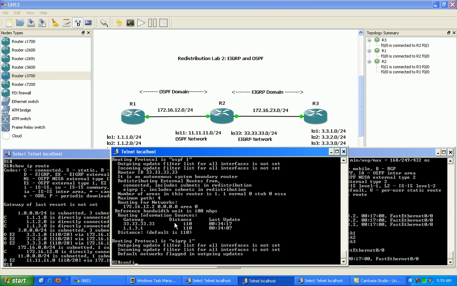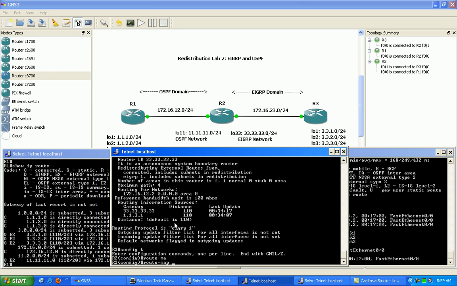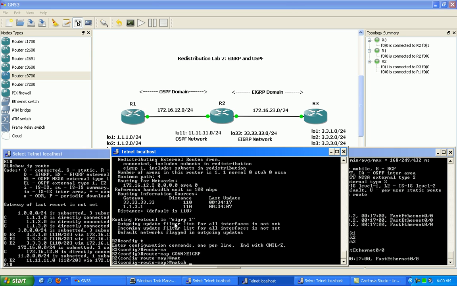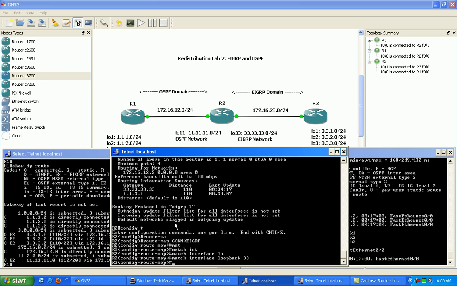So again, on router 2, let's go ahead and configure a route map, which is going to be connected into EIGRP. We'll go ahead and do a match interface loopback 33.